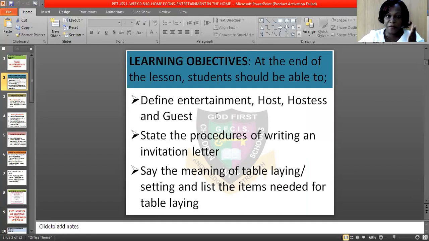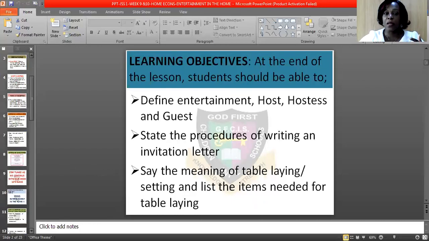You will be able to define them and you will be able to say the procedures of writing an invitation letter. And you'll be able to say the meaning of table laying or setting, and list some items that are there in the table laying.